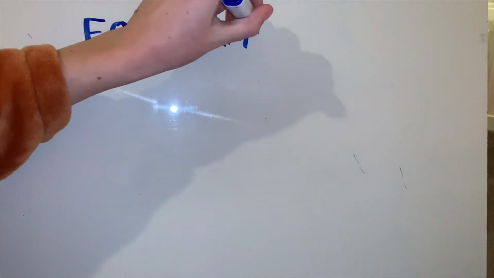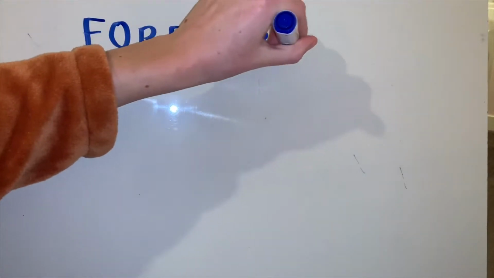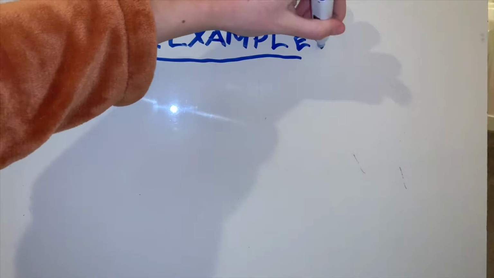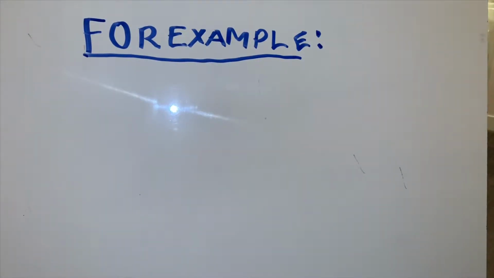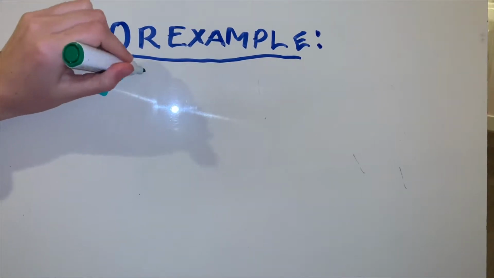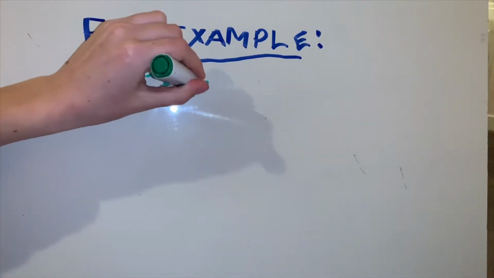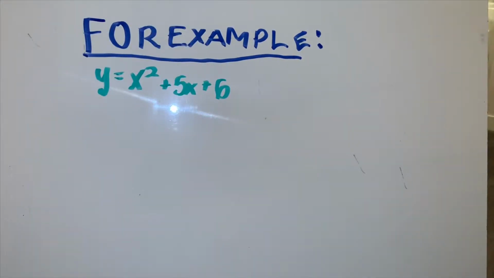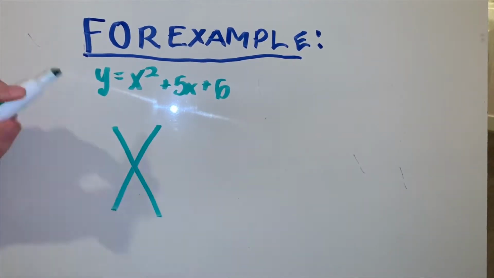For example, let's say that you had the equation y equals 2x squared plus 5x plus 6. That would be factorable because 2 plus 3 equals 5 and 2 times 3 equals 6.